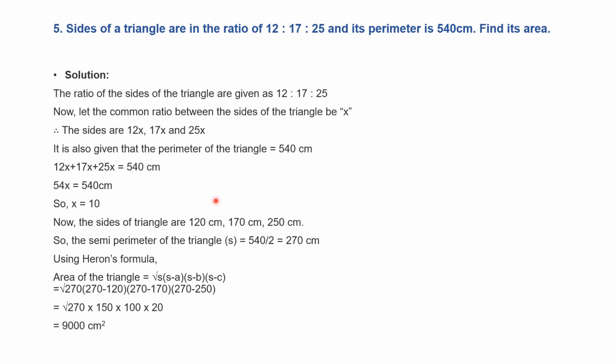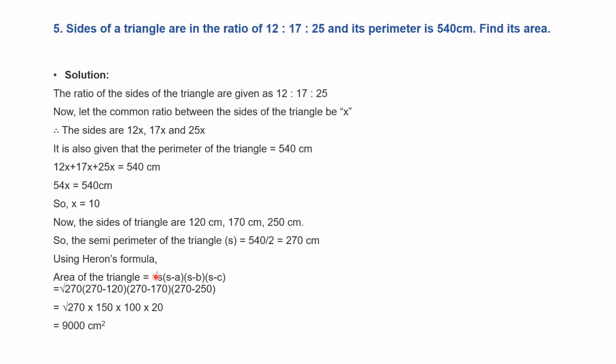Now what do we have to find? The area. How can we find the area? First of all, we find the semi-perimeter: the sum of all three sides upon 2. The sum is 540, which is also given as the perimeter. So perimeter upon 2 is 270.